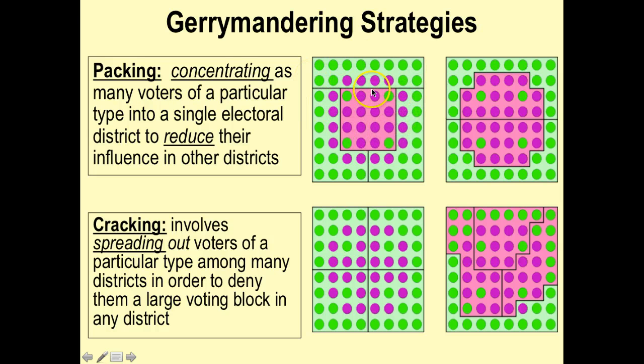So by putting all these purple people here, the green people have more power. The purple gets the one district, but the green get the 3 other districts. And then cracking involves spreading out those purple voters in a way that the purple people don't get any districts and those green people get 4 of the districts. Depending upon what the state's goals are, they're going to use different gerrymandering strategies.